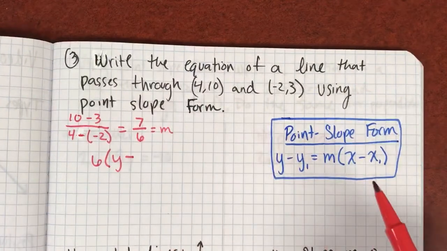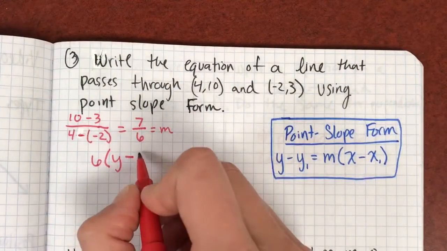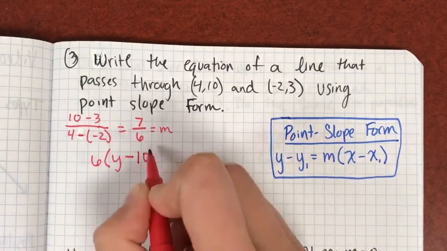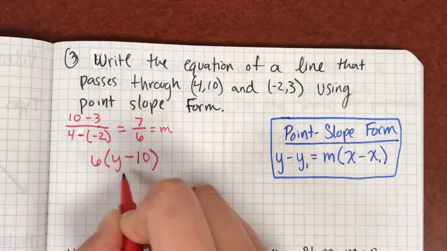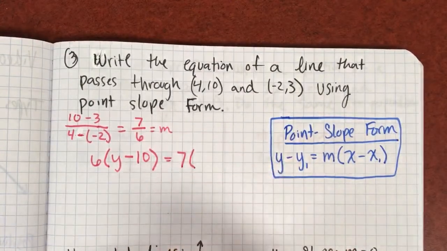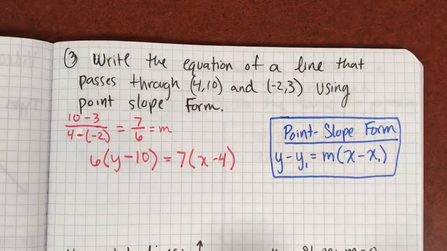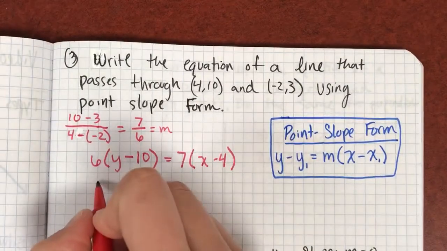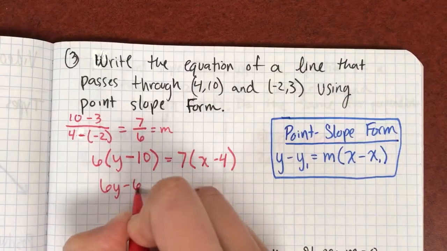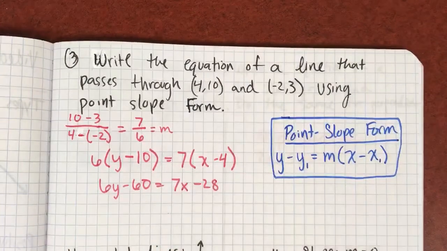Again, I don't like to deal with negatives, and that's just me personally, so I'm going to use our 4, 10. So 6 times y minus 10 equals 7 times x minus 4. Okay, and now we'll need to simplify. So we'd have 6y minus 60 equals 7x minus 28.